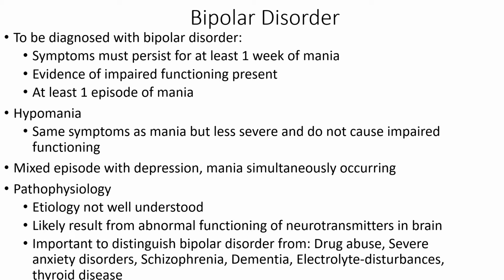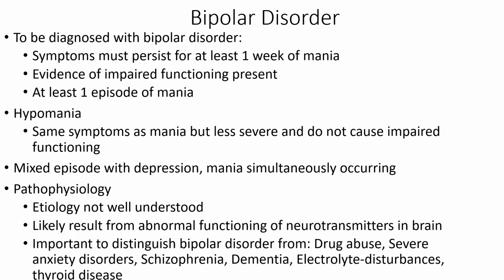And there has to be at least one episode of the mania. Okay? Hypomania is really a very watered down version of mania. It has similar symptoms, but definitely not to the same level or degree of impaired functioning.